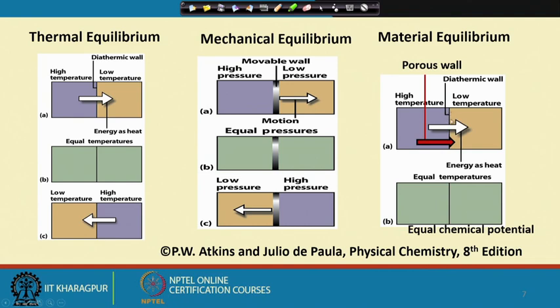In addition, if I make these walls porous, there will be transfer of matter from, let us say, the system to the surrounding, and this transfer will continue till the chemical potential is equal in both the system and the surrounding. So, these are the three types of equilibrium that we come across in the real world.